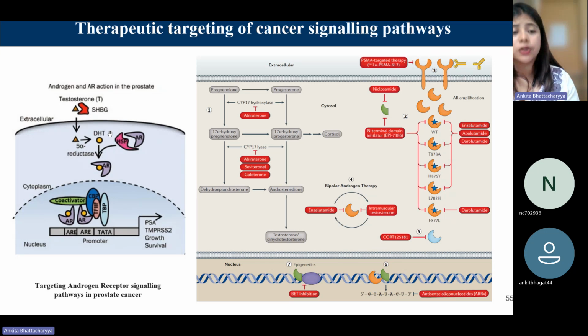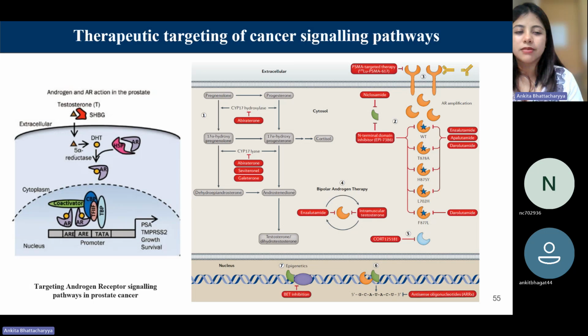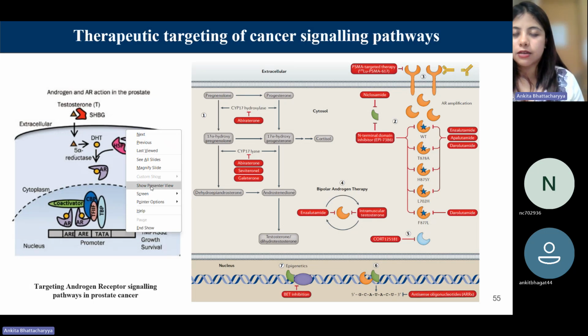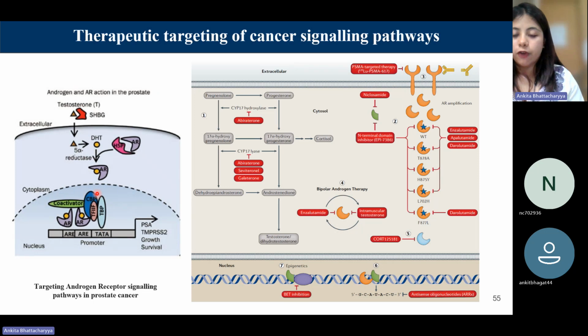Then what it is able to do is that it can bind to androgen receptor, and then the androgen receptor can move into the nucleus. It will dimerize and then it will assemble with some other proteins, let's put it at that, all of which will form a complex, and all together they will drive the transcription of several downstream genes which are very key drivers of oncogenicity for that particular gland.